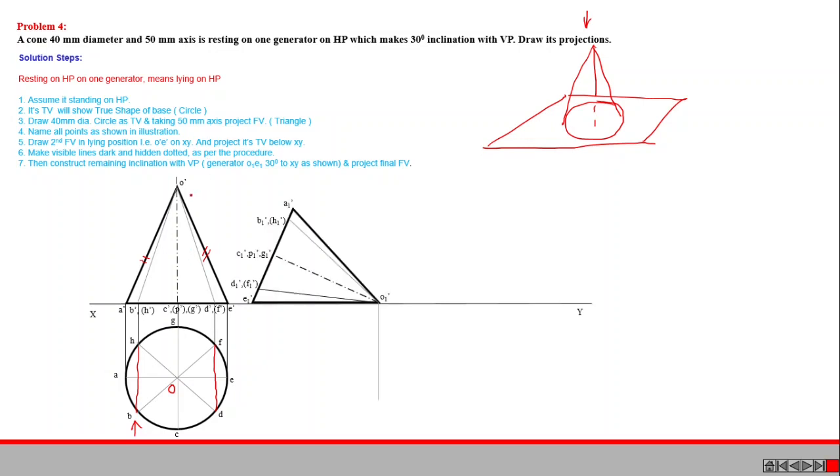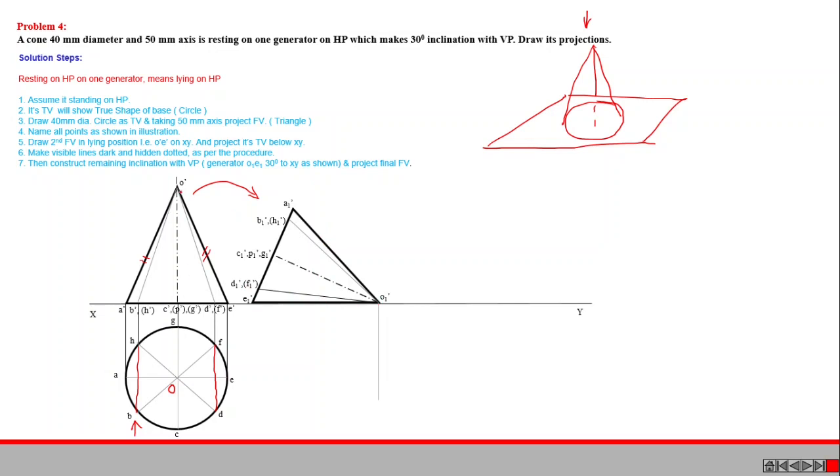Then we can tilt this front view in such a way that one of its generators, which we take as E dash O dash, is in HP. Then we can tilt this front view and make it like this, in which one of the generators is in HP, on the XY line.